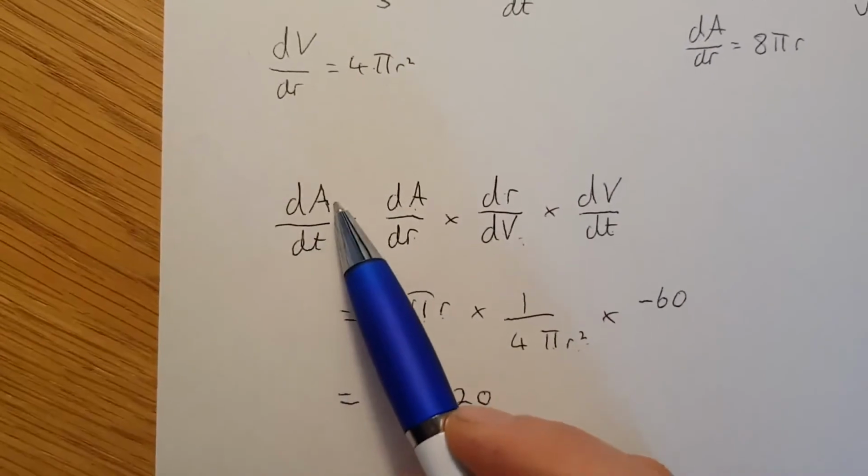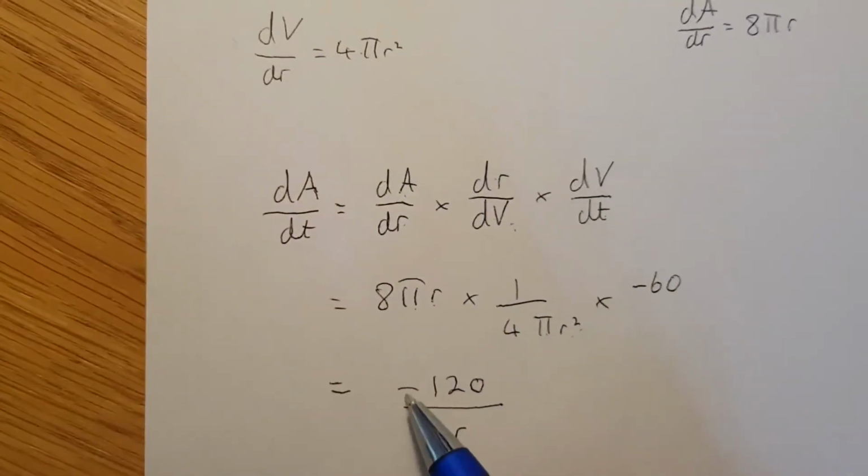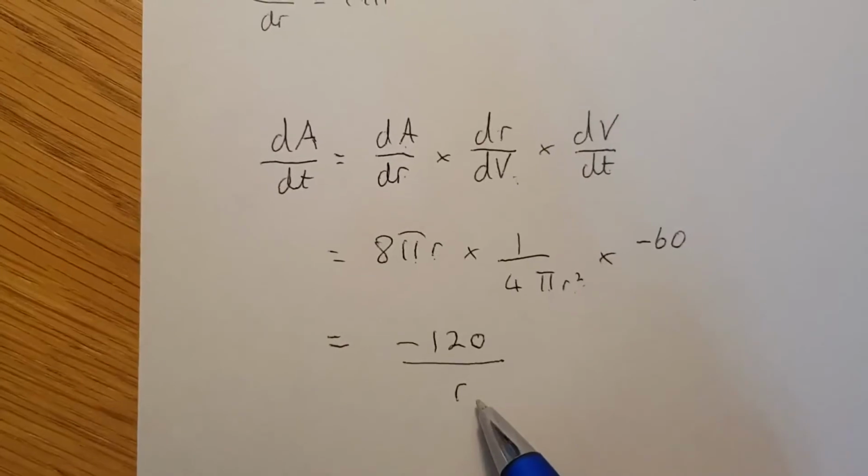So the rate of change of the area over time is negative 120 over r, which makes sense because it's decreasing.